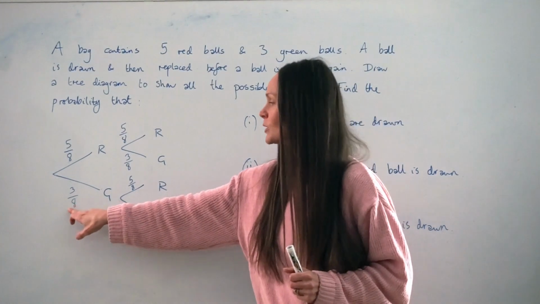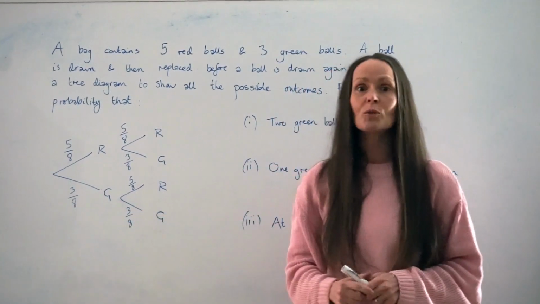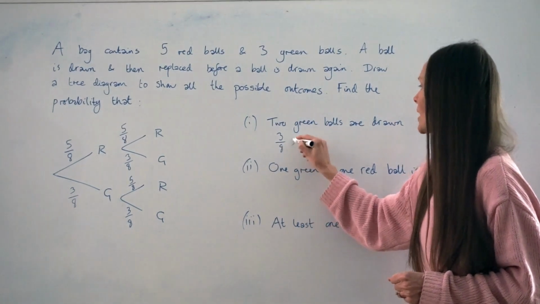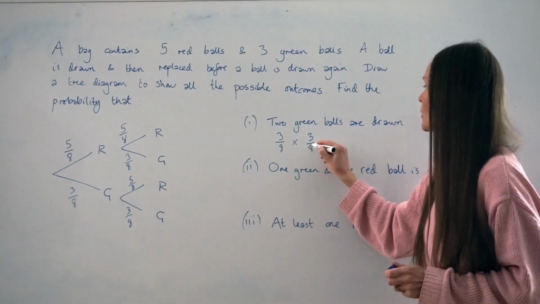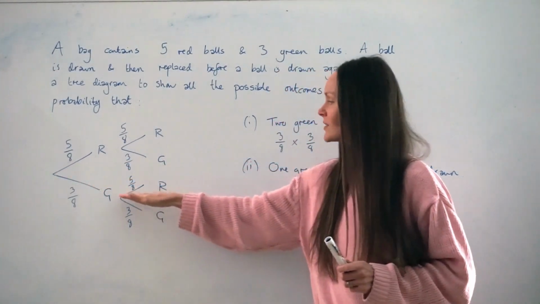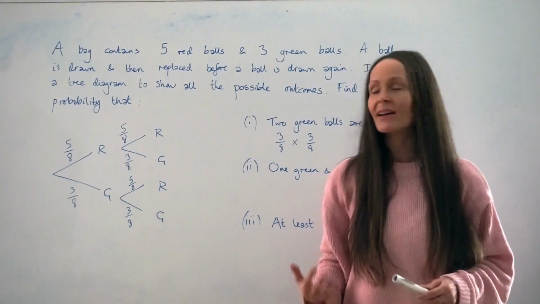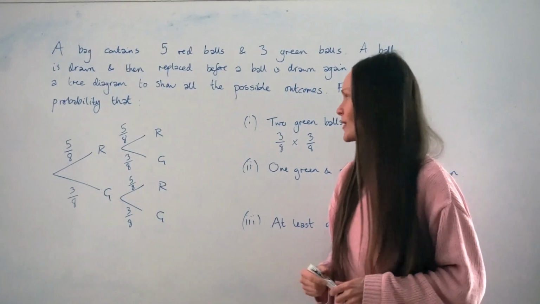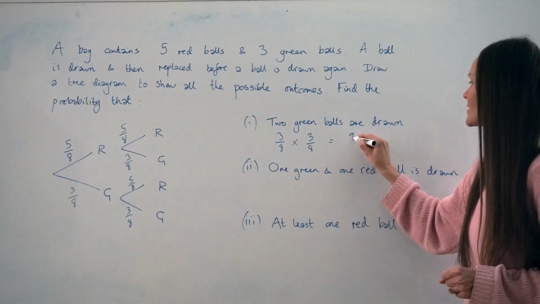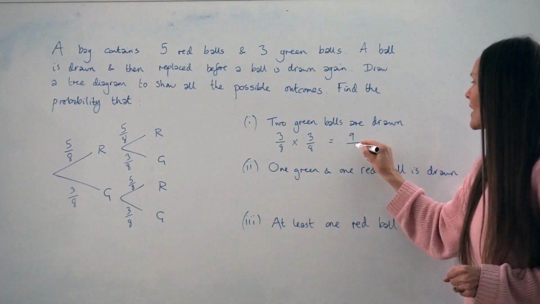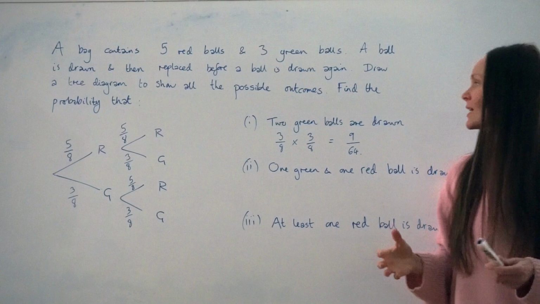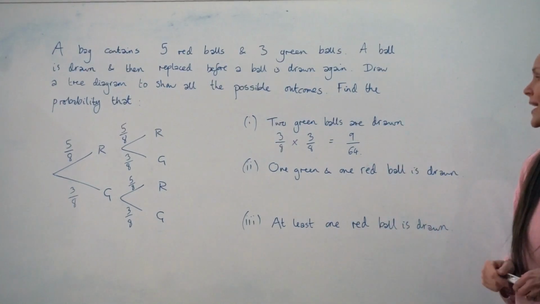Now what you have to do with the probabilities is multiply them together. So it's 3/8 multiplied by 3/8. If you can remember that when you move along the branches like that, you're always multiplying the probabilities, that will help you, okay? So if we calculate this, 3 multiplied by 3 is 9, 8 multiplied by 8 is 64, so that is the probability of taking 2 green balls, okay?